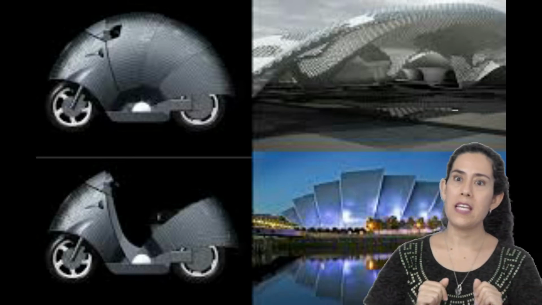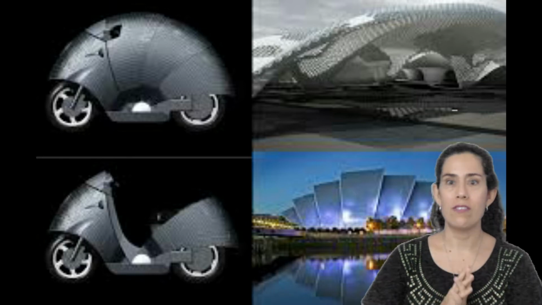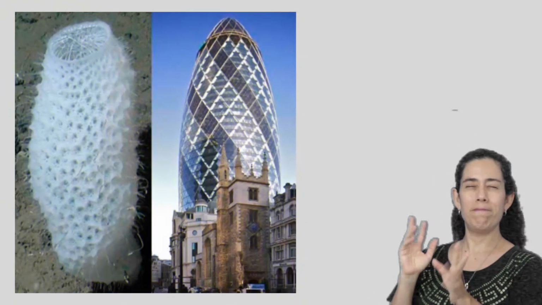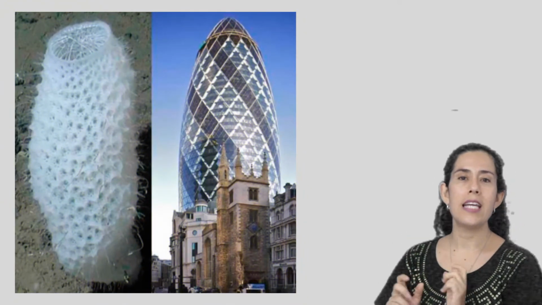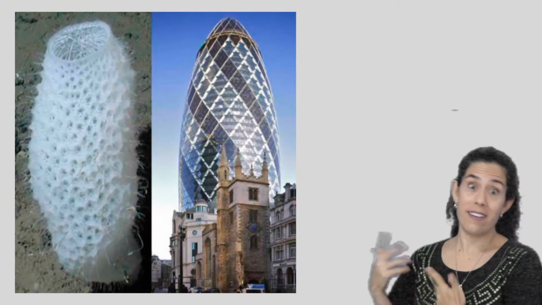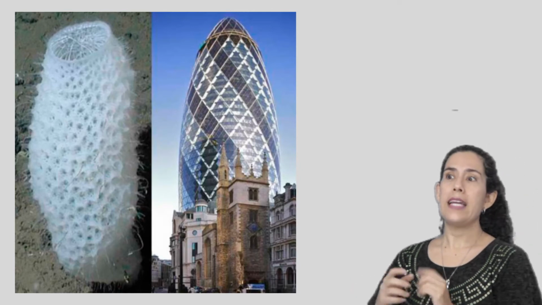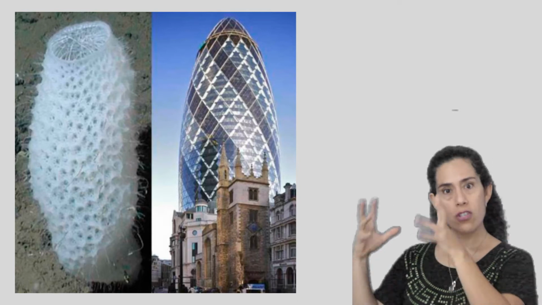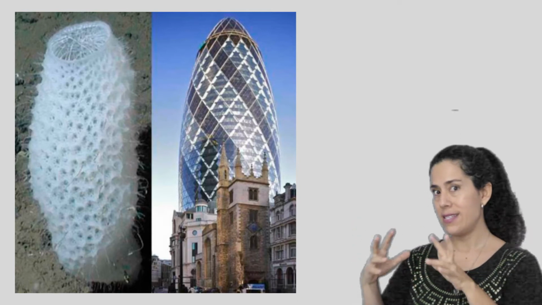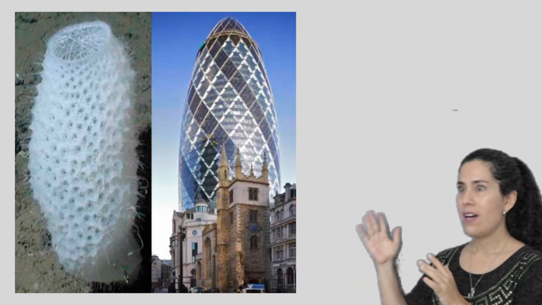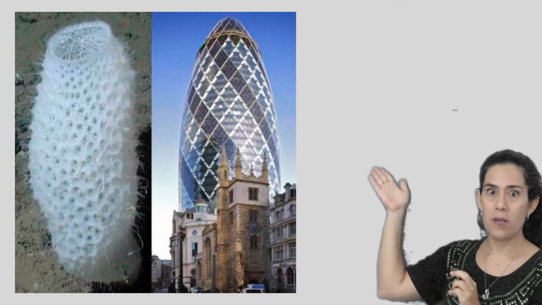So, for example, Norman Foster's building in London, wrongly named the egg, the Gherkin, which is actually its name. It copies the structure, not just the aesthetics, of the sea sponge.